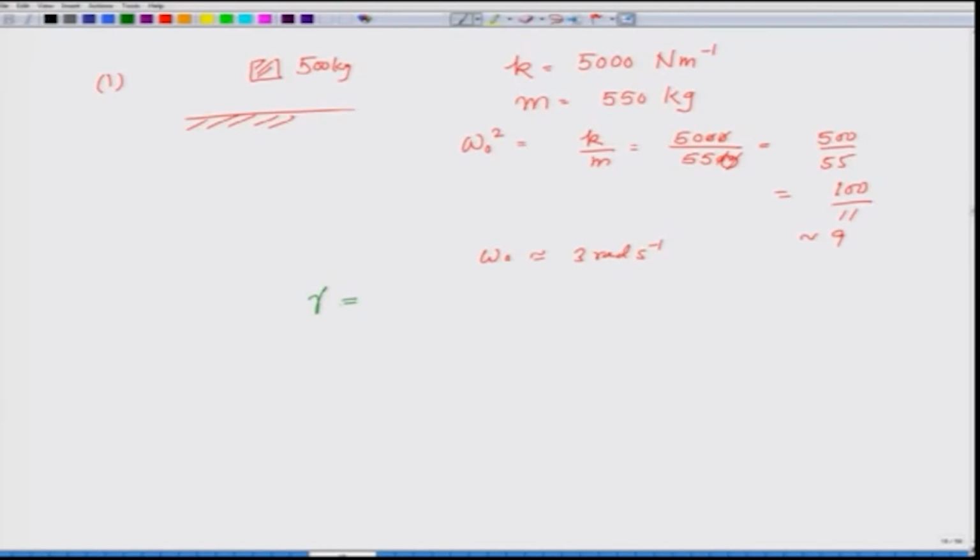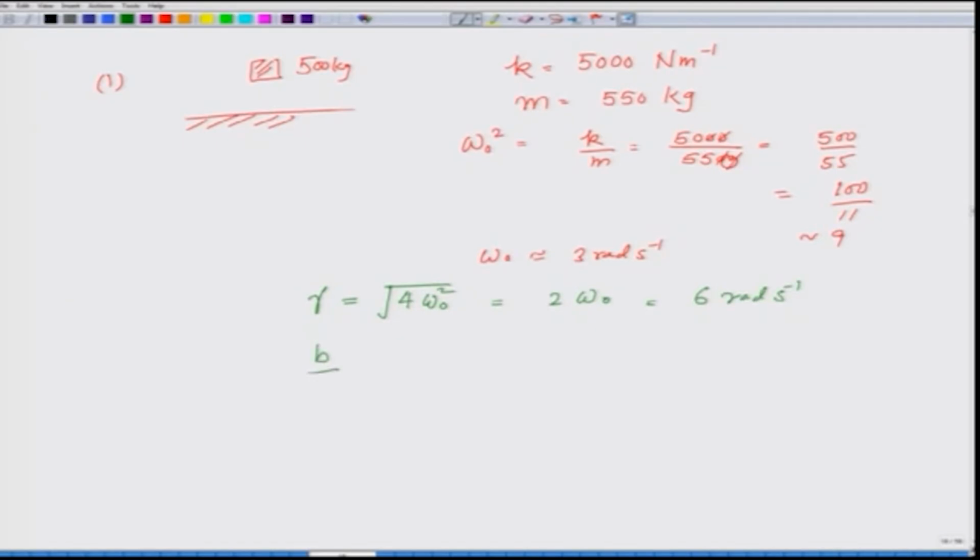Gamma is equal to 2 omega 0, which is going to be 6 radians per second.